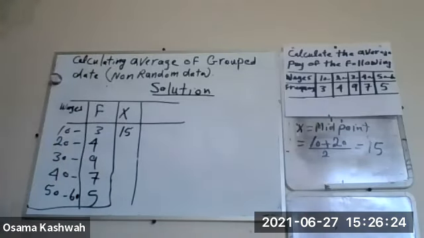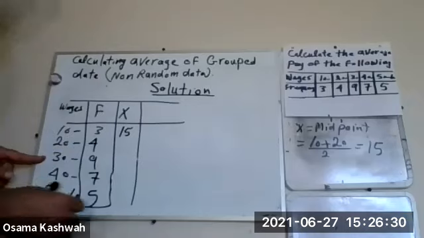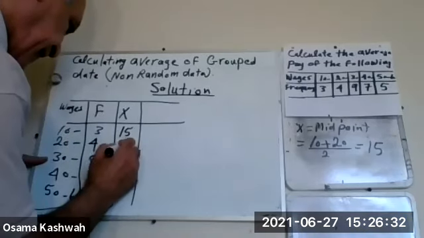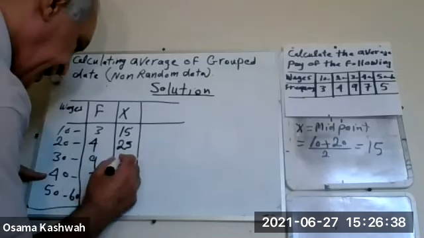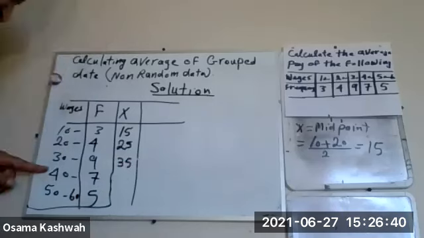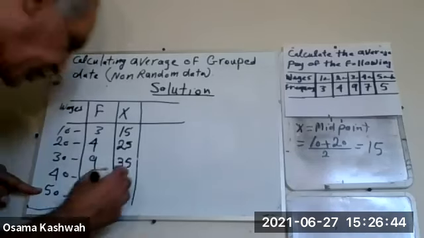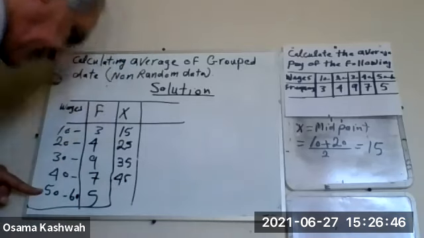Okay, same thing we will do for the rest. 20 plus 30, 50, divided by 2 gives me 25. Then 30 plus 40, 70, divided by 2, 35. 40 plus 50, 90, divided by 2, 45.